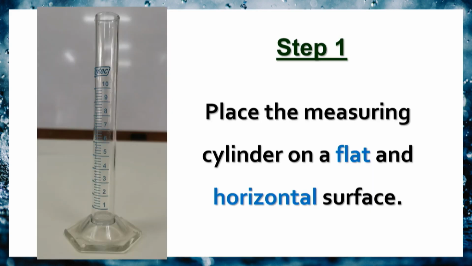First of all, we need to place our graduated measuring cylinder on a flat and horizontal surface. Graduated means that the cylinder has markings on it from which volume can be read as shown by the yellow arrow.